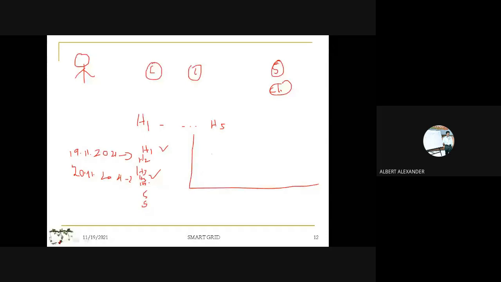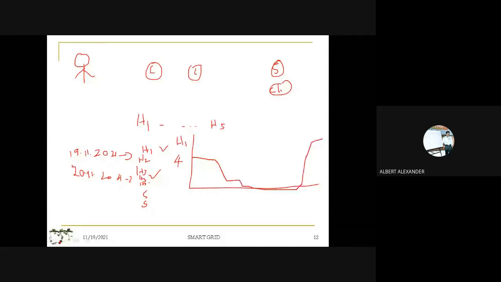For example, let us say I draw the graphical information for house H1 about the milk receiving. Let us say they are receiving 4 liters of milk. Sometimes they are receiving only 2 liters, some days they receive 0 liters, and sometimes they receive 10 liters of milk.